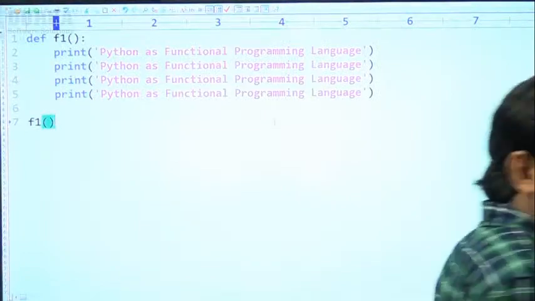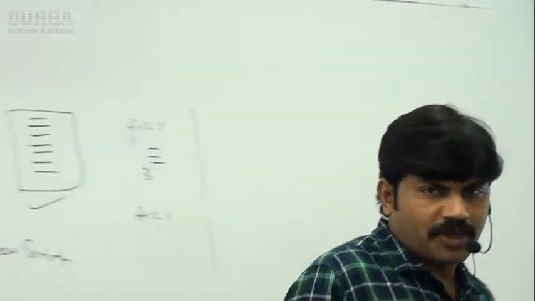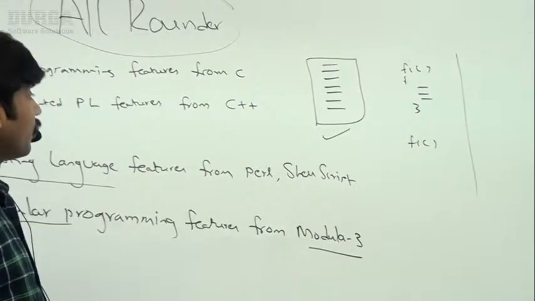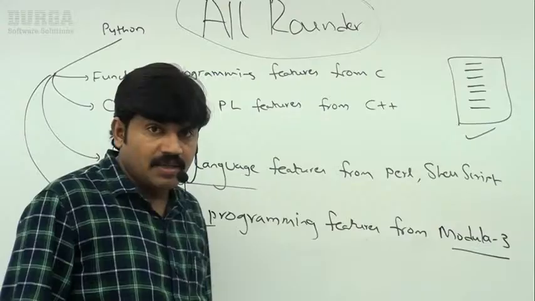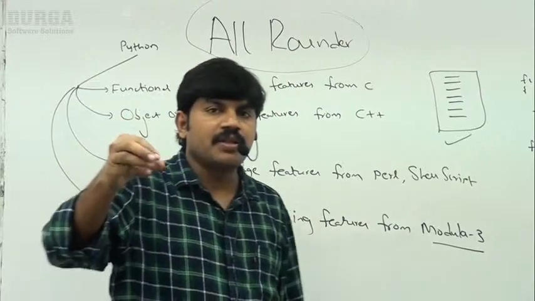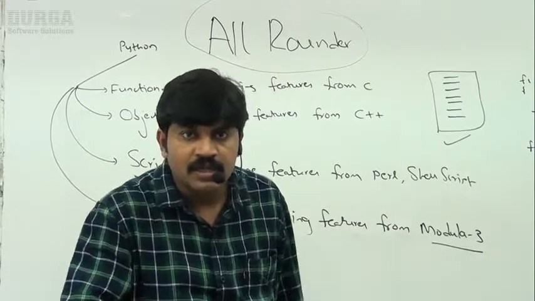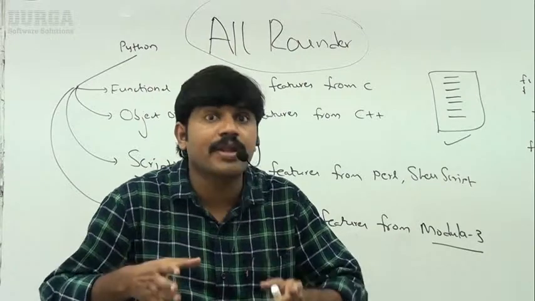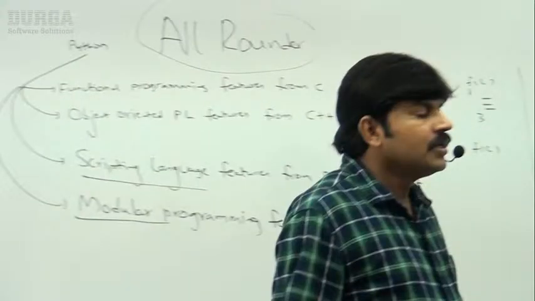Okay, well, sir, now I want to use Python as an object oriented programming language like C++ or Java. So you can write a class. Within the class you can define a method, and then you can call the methods related to that class. Okay, object oriented programming, how can you do it? Observe carefully.